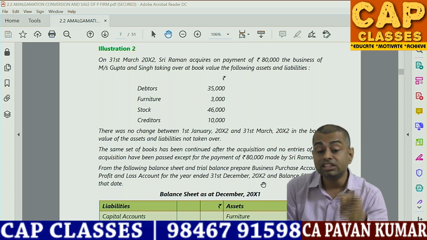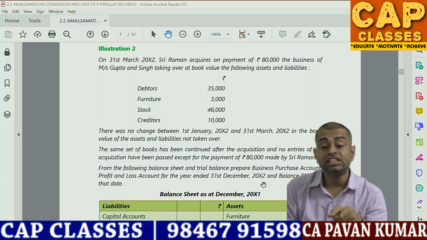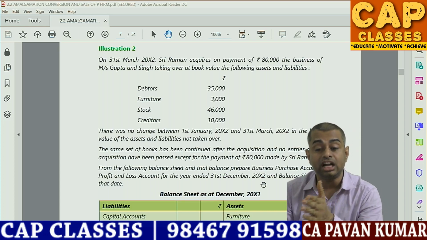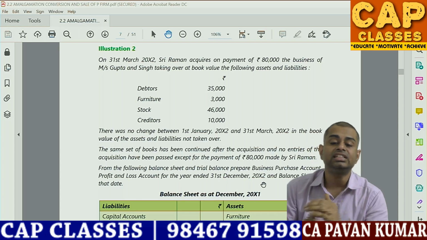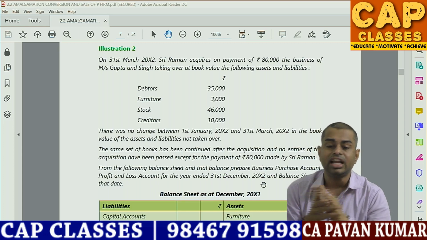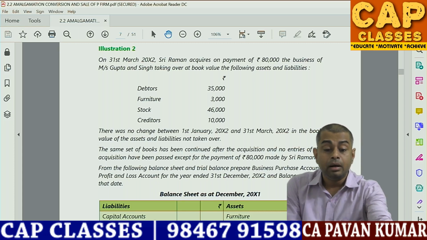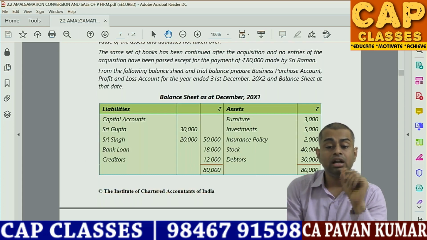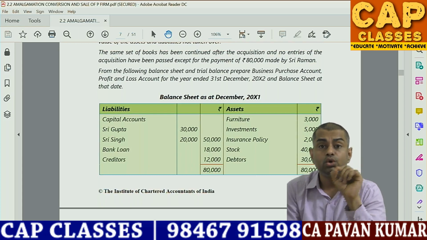Then, there was no change between 1st January 2012 and 31st March 2012 in the value of the assets and liabilities not taken over. Now look here. After this, they have given the balance sheet as on 31st December 2011.